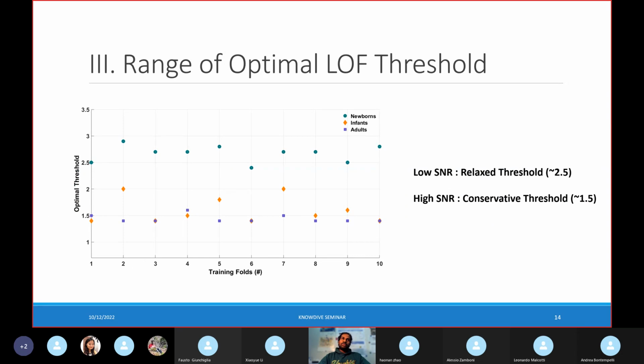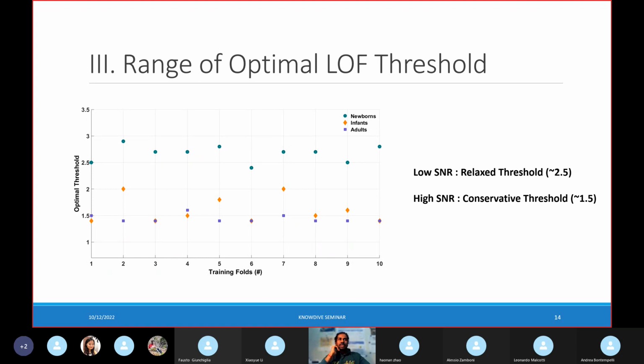Finally, I also tried to understand the range of optimal threshold in all of these three data sets. There is a clear trend here. Since the newborns data is very challenging, there is a lot of artifacts in newborns EEG because we cannot really control the population. They usually cry, they move here and there. That creates a lot of strange artifacts.